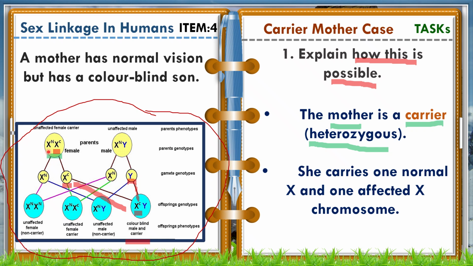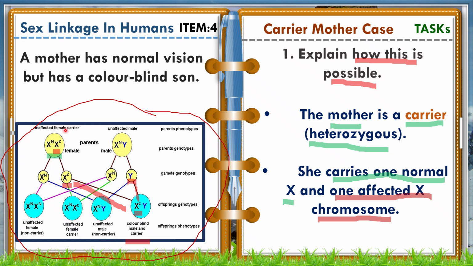One is normal X chromosome, another one is affected X chromosome, which we are calling heterozygous. She carries one normal X and also one affected X chromosome.